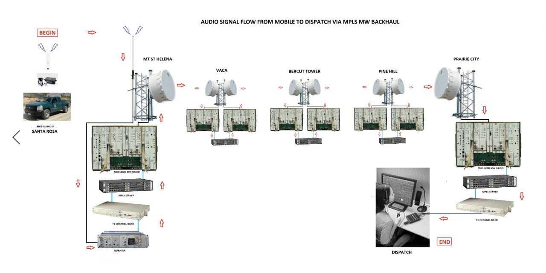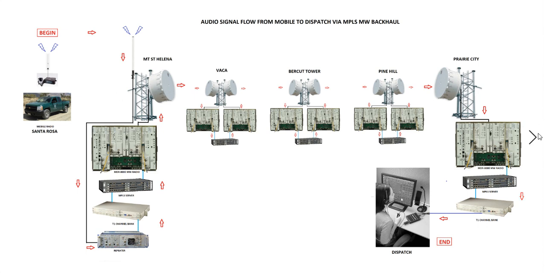So he's going to use his two-way radio here and make a connection from his radio to the closest mountaintop repeater, which in this case is going to be Mount St. Helena, and this is how he's initially going to get into the system and get on his way over to Prairie City. So let's start with this little branch first, and then we'll head to the next section.